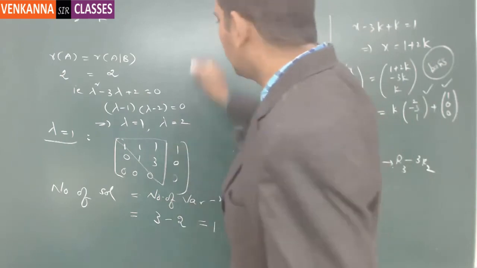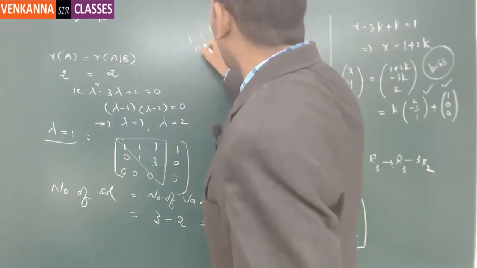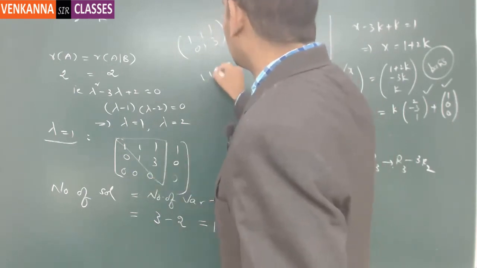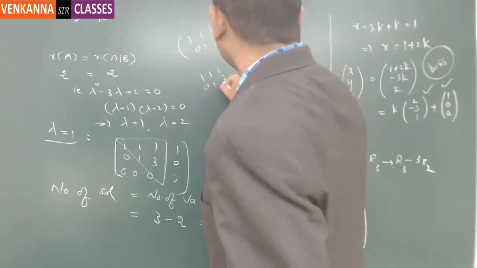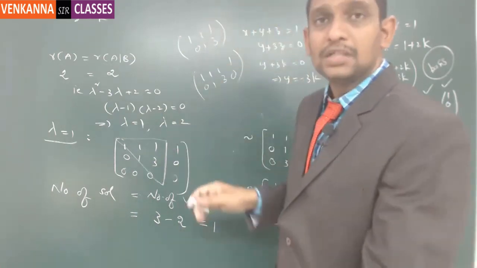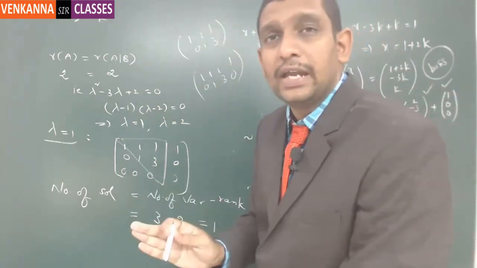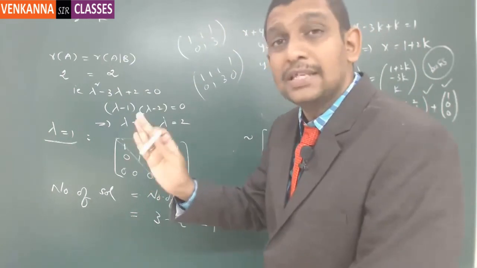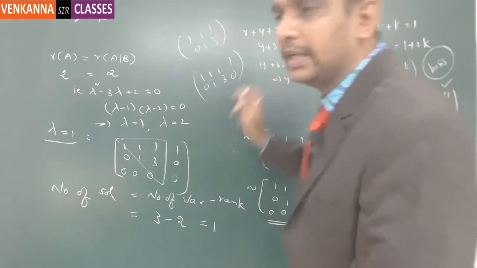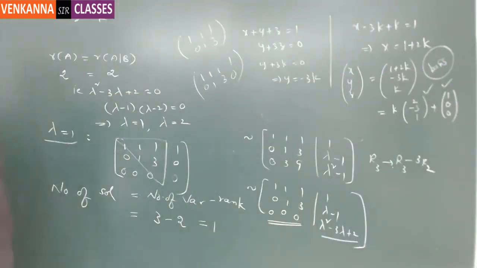If you have written only A, (1, 1, 1, 0, 1, 3), this is A. If you have written A by B, it was like this. Its rank is also 2, because if rank of A by B were not equal to 2, it would mean that two rows must be completely zero in that, right? So is it clear now?